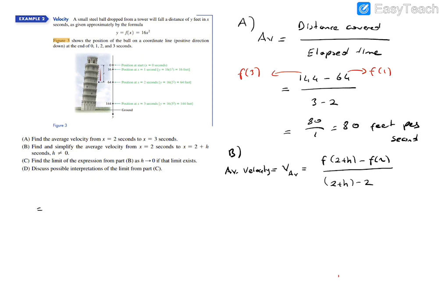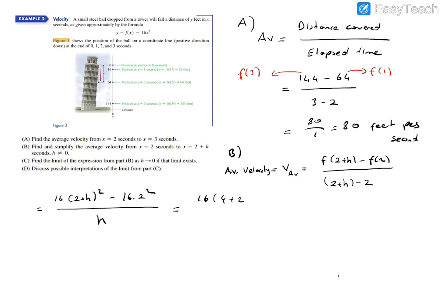2. So this equals f of 2 plus h, which is 16 times 2 plus h squared by using this function, minus 16 times 2 squared, over the denominator h. So which equals 16 times 4. Maybe you cannot follow.